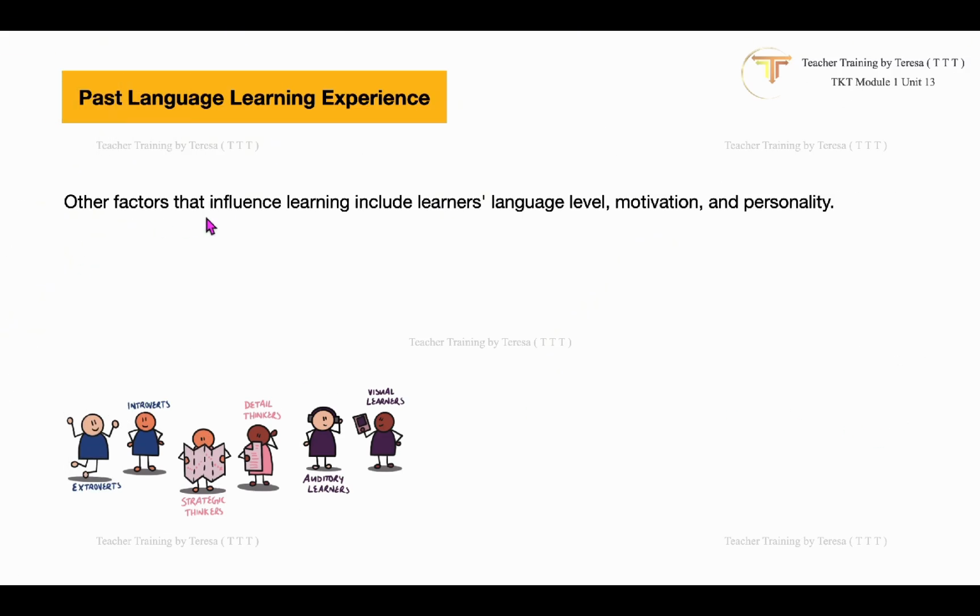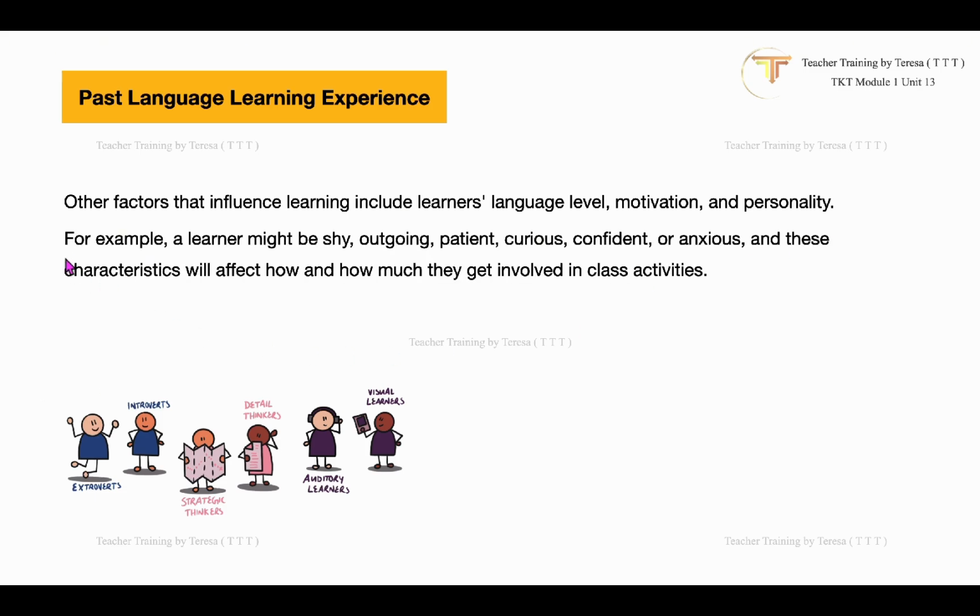Other factors that influence learning include learners' language level, motivation, and personality. For example, a learner might be shy, outgoing, patient, curious, confident, or anxious, and these characteristics will affect how and how much they get involved in class activities.